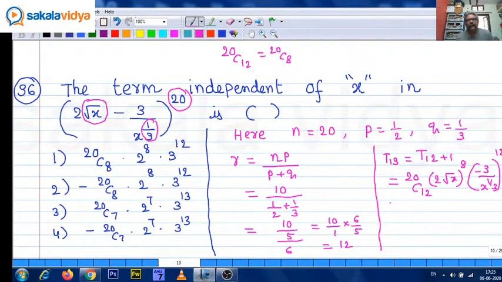Now independent term equals 20C8 into 2 to the power of 8 into minus 3 to the power of 12. 12 is the even number. You get 3 to the power of 12. Which is the right option? Yes. First option is the right option.